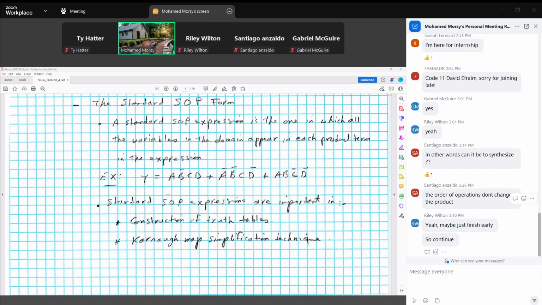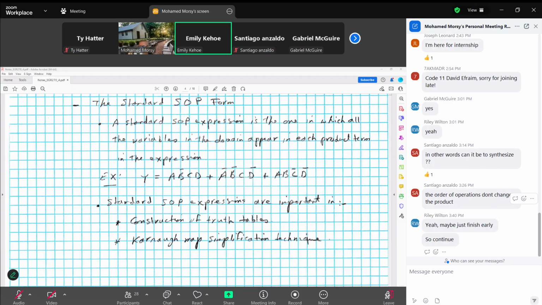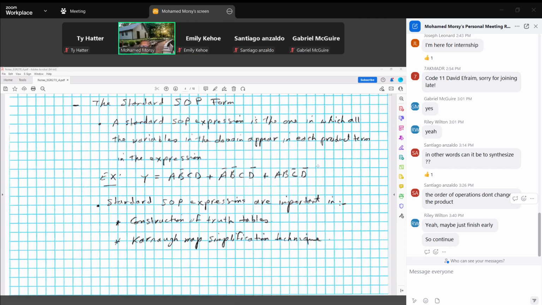Example. If you look at this expression here, is this a standard form or not? Yes, it is. What you mentioned, Amy, do you agree or not?